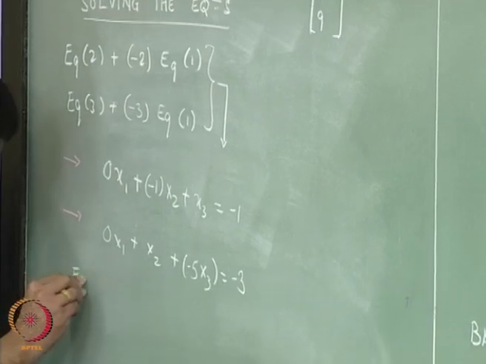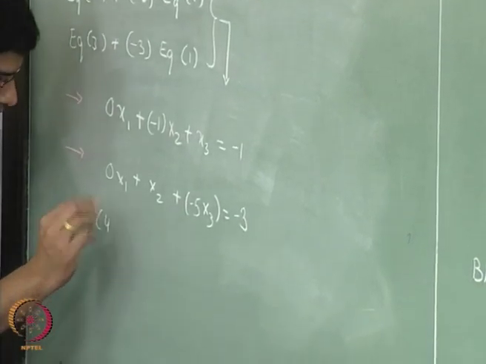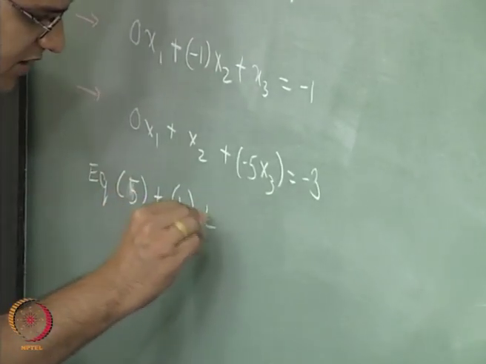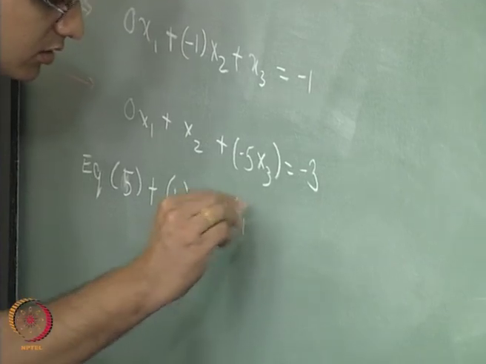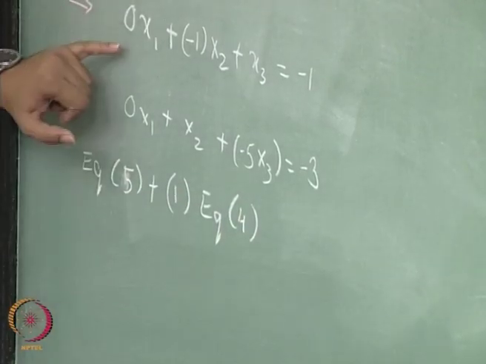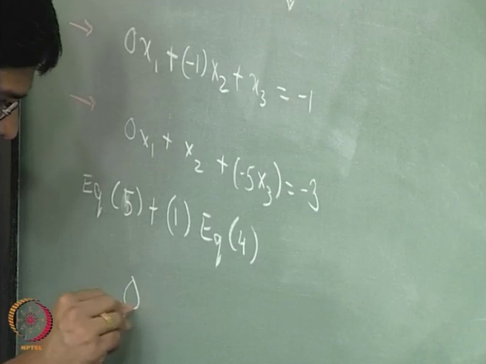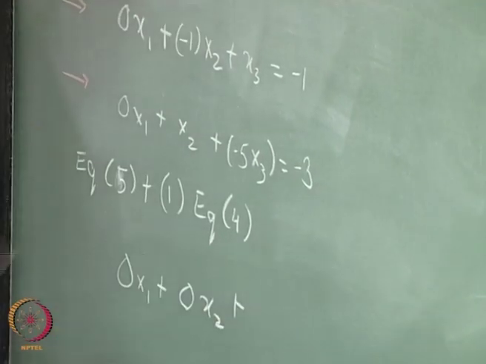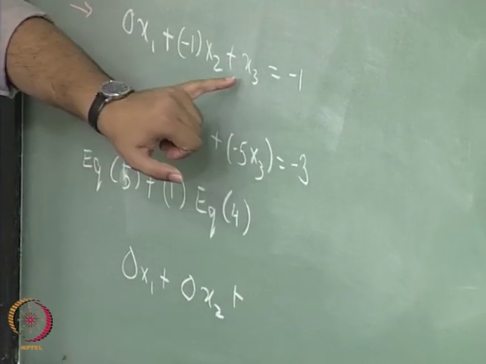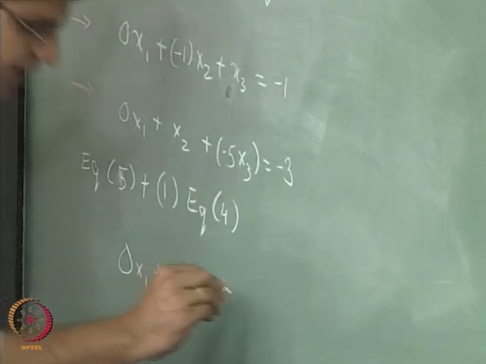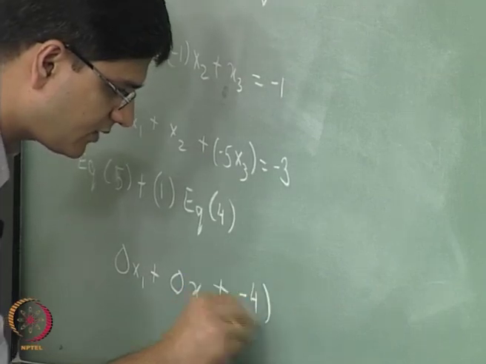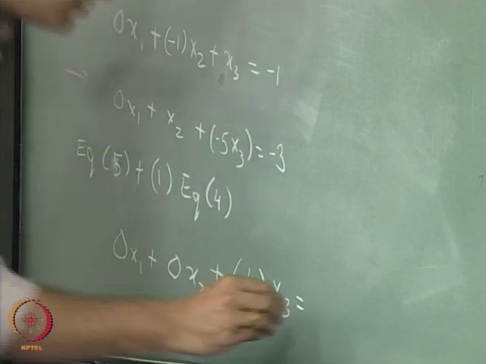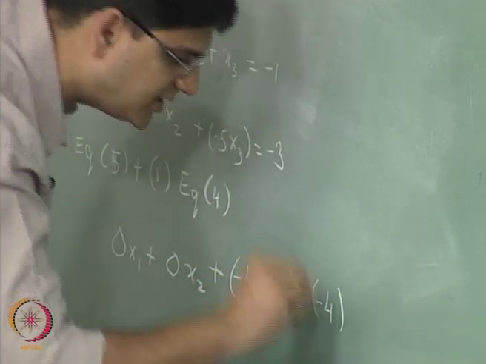So we will do equation 5 plus 1 multiplied by equation 4, and when we do that we get 0 x1 plus 0 x2 plus minus 5 plus 1, that is minus 4 x3, equal to minus 3 minus 1, that is minus 4.